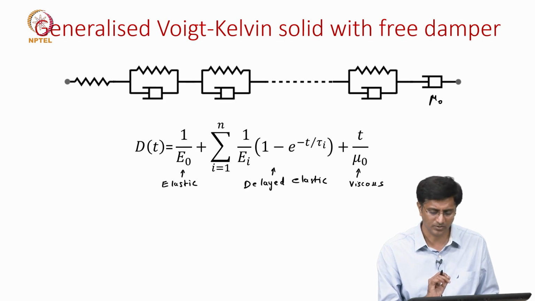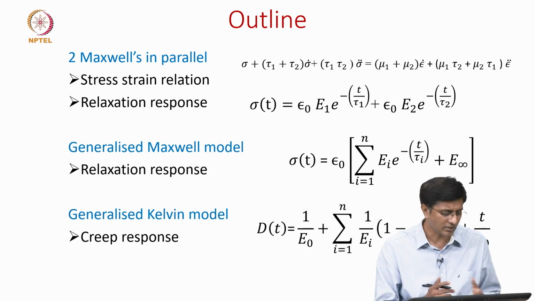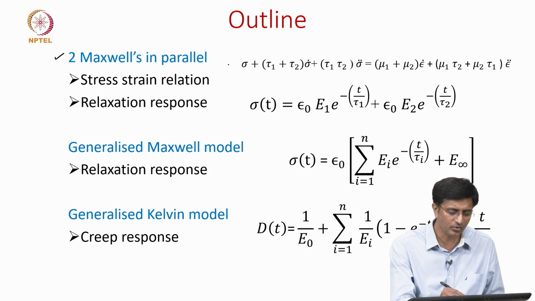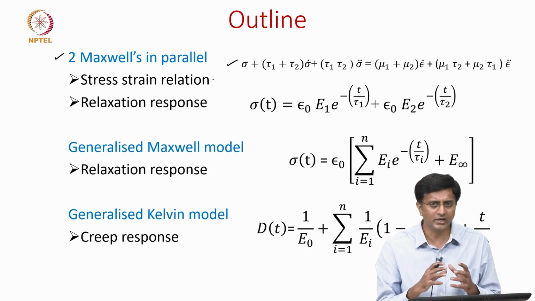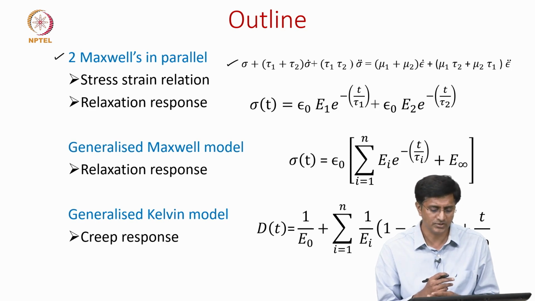Finally, to summarize, we started with two Maxwells in parallel where we were able to derive the stress strain relations, but we noted that we get a very long, complicated differential equation which is difficult to solve even for simple loads. For that reason we said for finding the response we will use superposition.